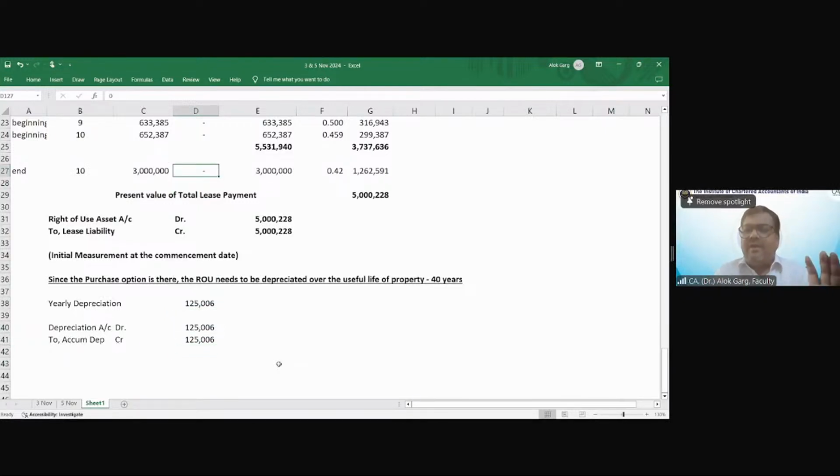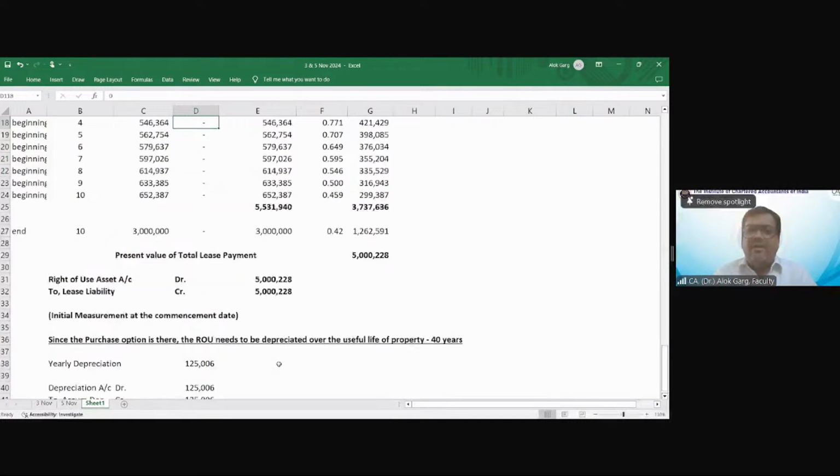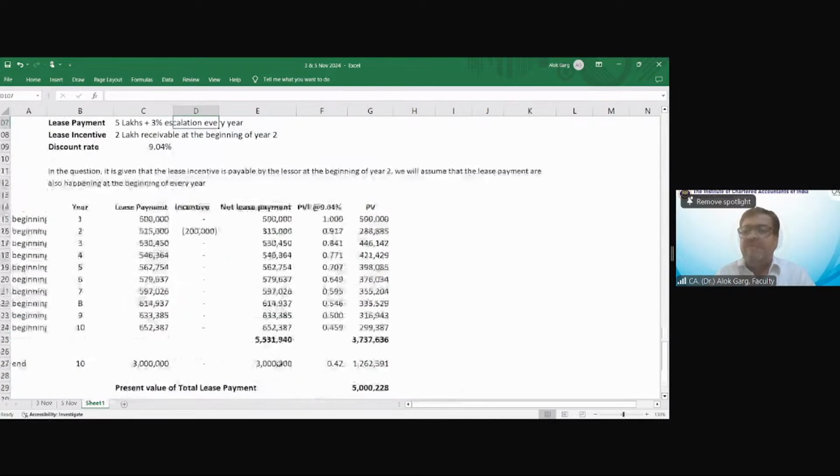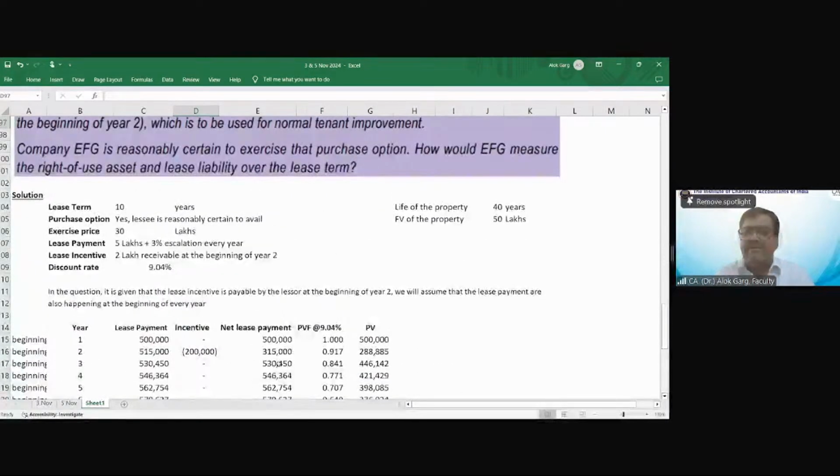Any doubt so far in computation of right of use asset, in the first entry, which is ROU to lease liability, and in this depreciation entry? Any doubt so far? Is there any doubt? Yes or no?